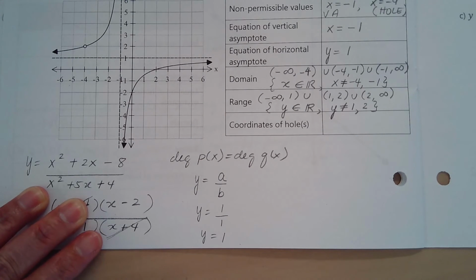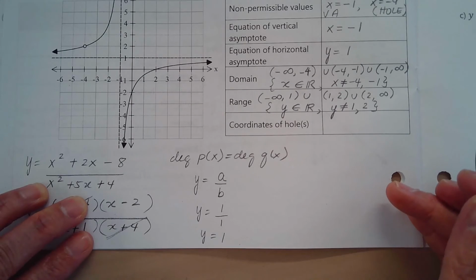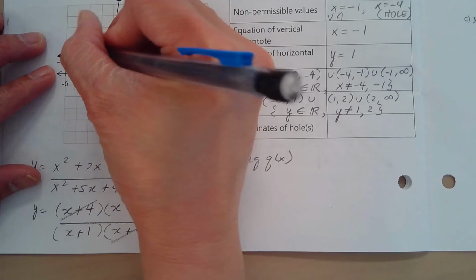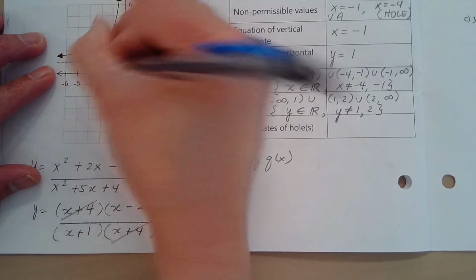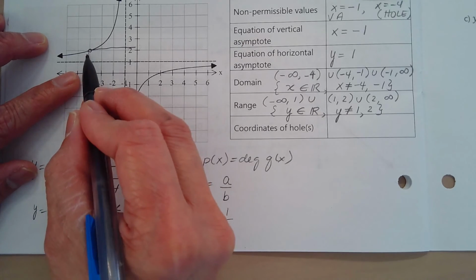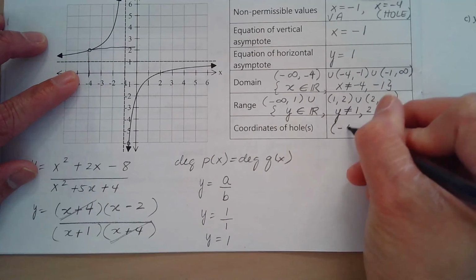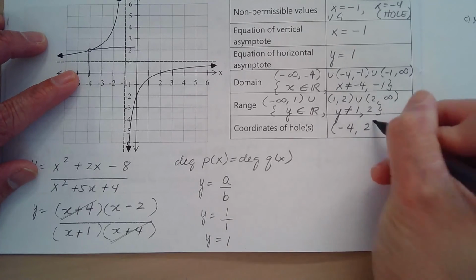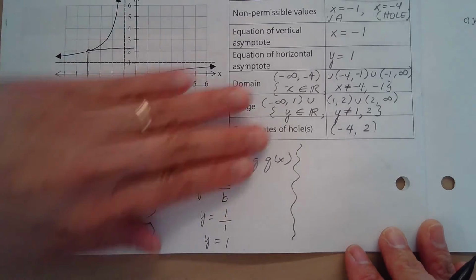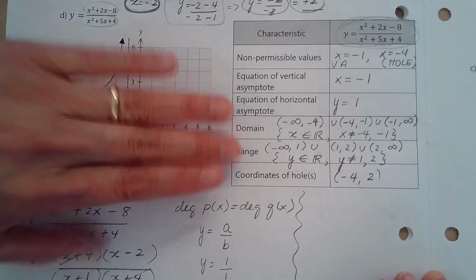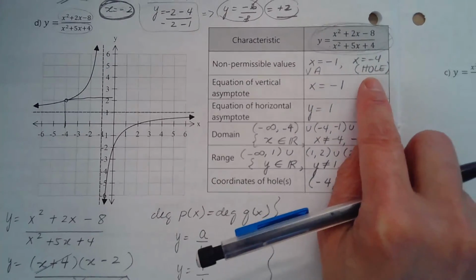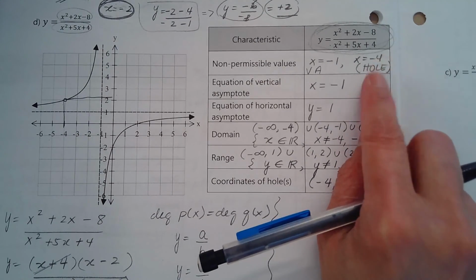What's the coordinate of the hole? The coordinate of the hole would be this one right here: minus 4, positive 2. How do we do that without the graph? Well, we know that there's a hole at x equals negative 4.